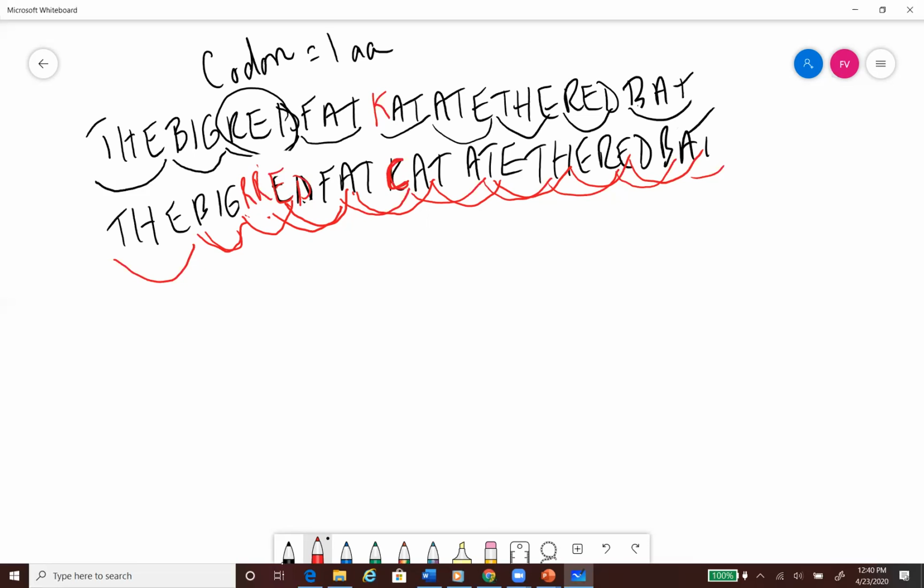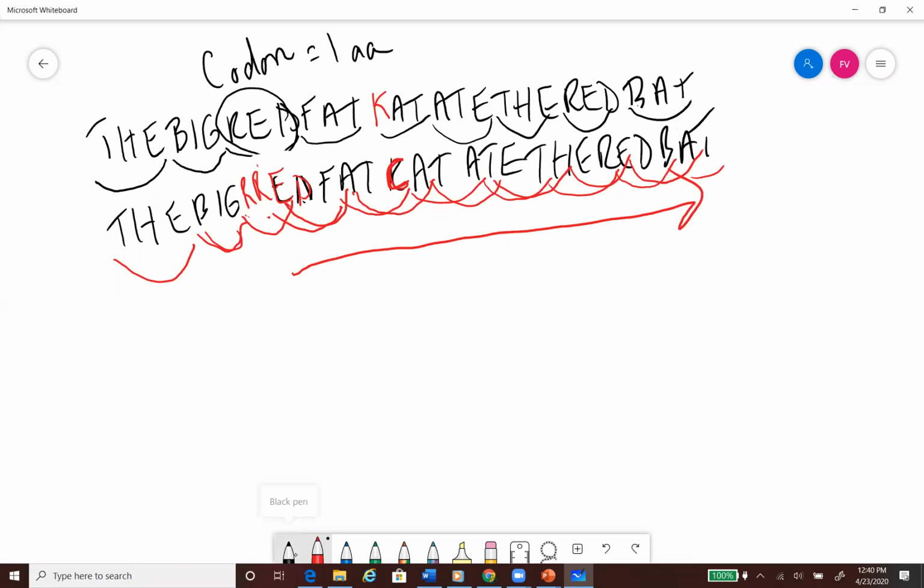So what frame shifting does is it most likely changes the amino acid at that particular point, but it changes everything after that. That's why it's called frame shifting, because the actual reading frames get shifted depending on if you're inserting or deleting.